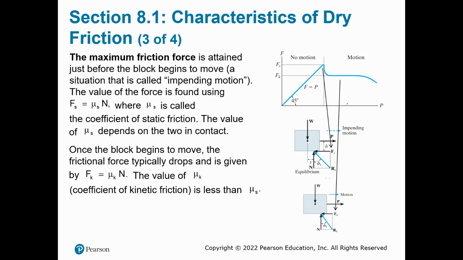The value of the force is found using F_s, where the lowercase s stands for static, equals mu_s times N, where mu_s is called the coefficient of static friction. The value of mu_s depends on the two surfaces in contact, how rough the two surfaces are. Now, the mu_s here is static friction, but that does not mean we always use mu_s times the normal force to figure out the static friction.